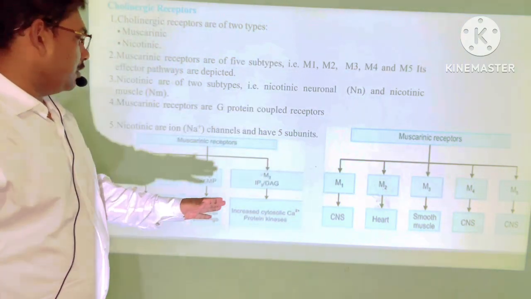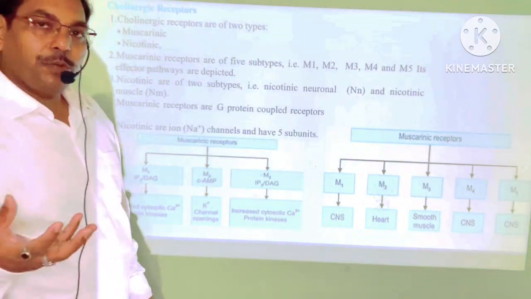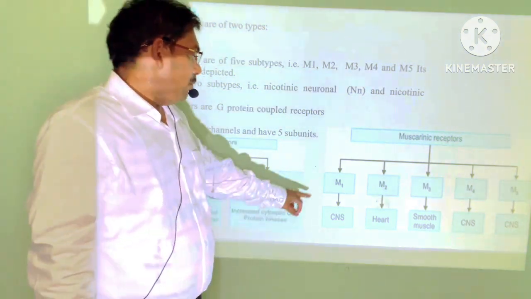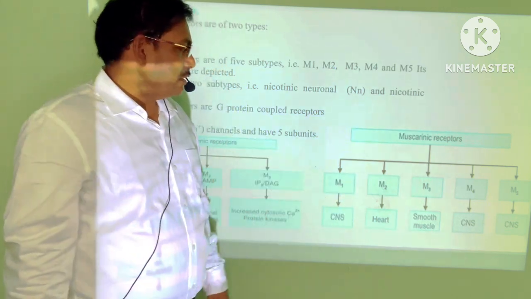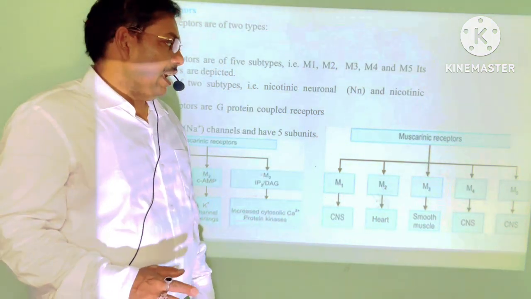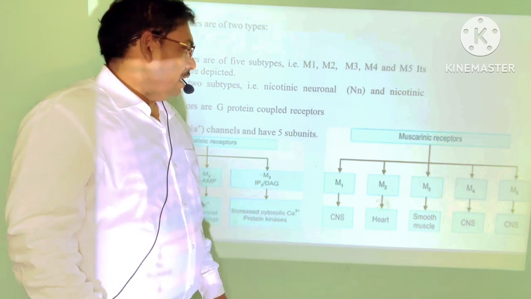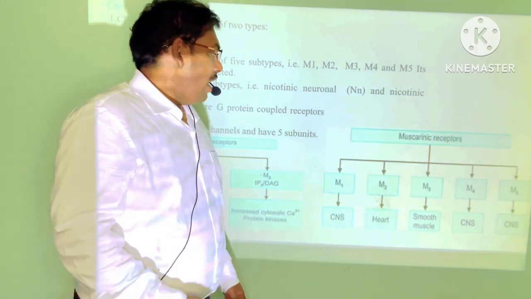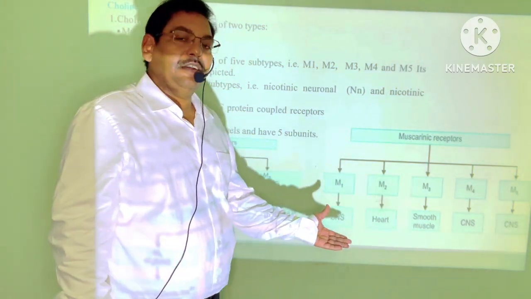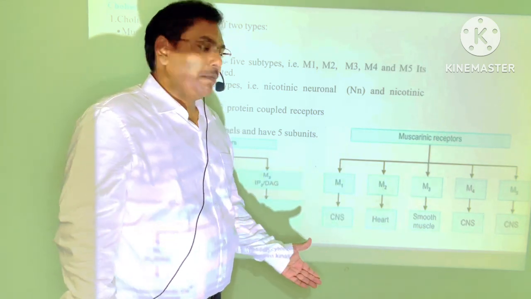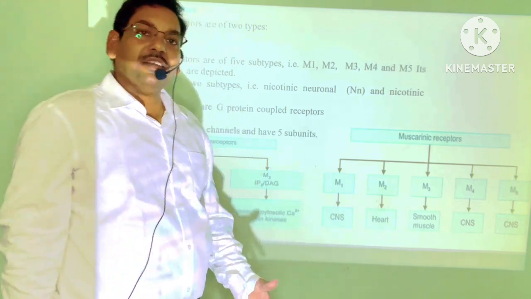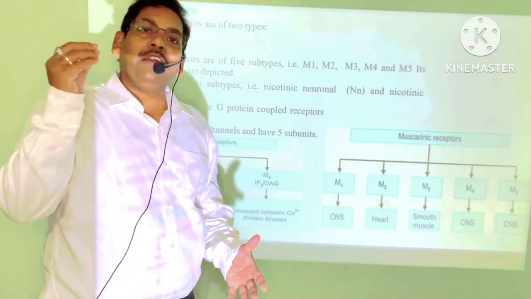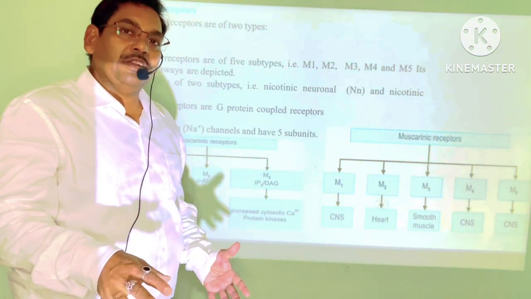These receptors are located in different positions of the body. The M1 receptor is in the CNS, M2 in the heart, M3 in smooth muscle, and M4 and M5 in the CNS. So then you know how the muscarinic receptor affects the different portions of the body, because acetylcholine drugs bind to the muscarinic receptor and nicotinic receptor.